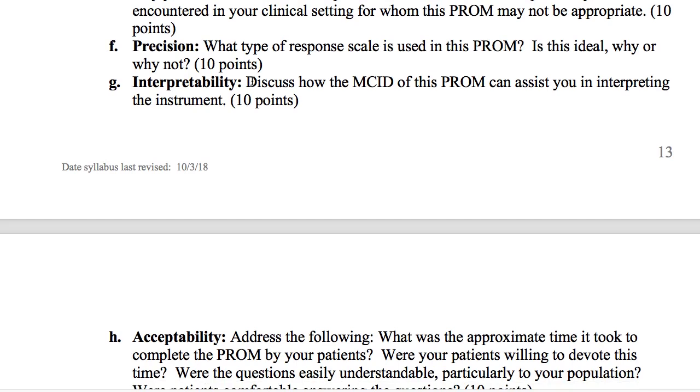Interpretability. Now we're going to discuss how the MCID for this PROM can assist you in interpreting the instrument. So after you've been doing this for a while, you get the results. How's this helping you in your clinical practice?